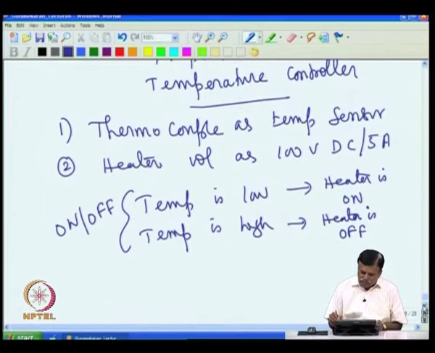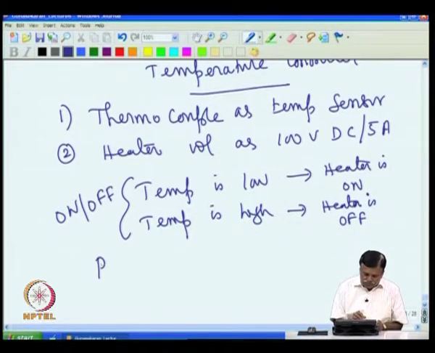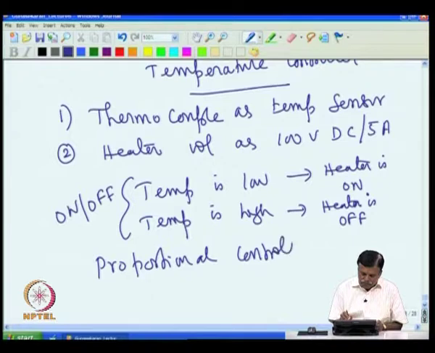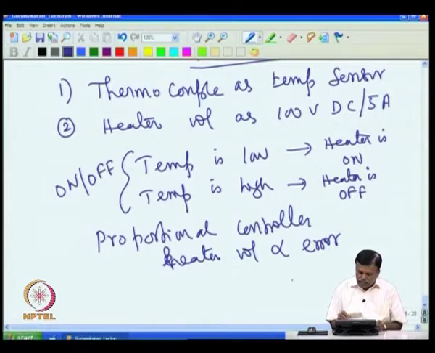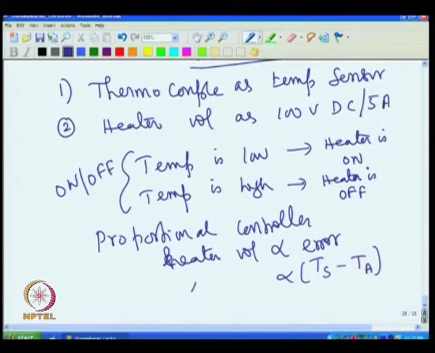In a proportional controller, what we do is we make it such a way that the heater voltage is proportional to the error. Whatever heater voltage we are applying, the error here is nothing but the difference between the set temperature and the actual temperature.